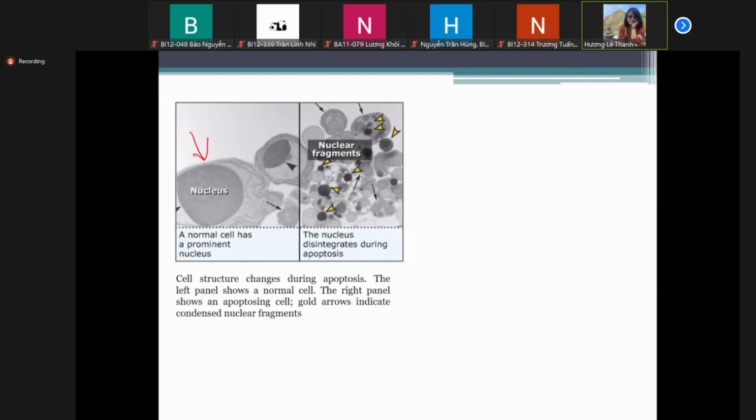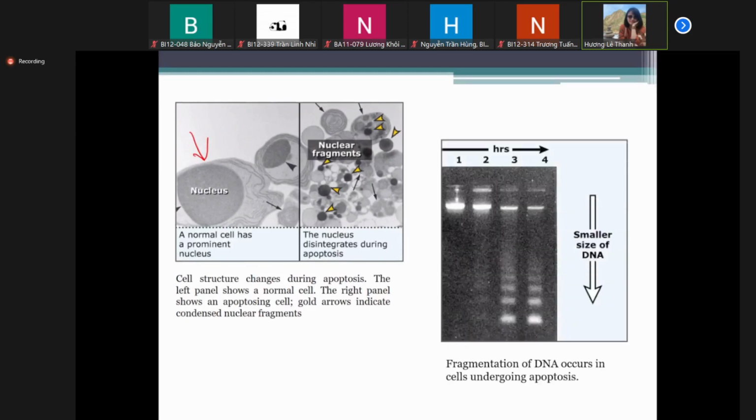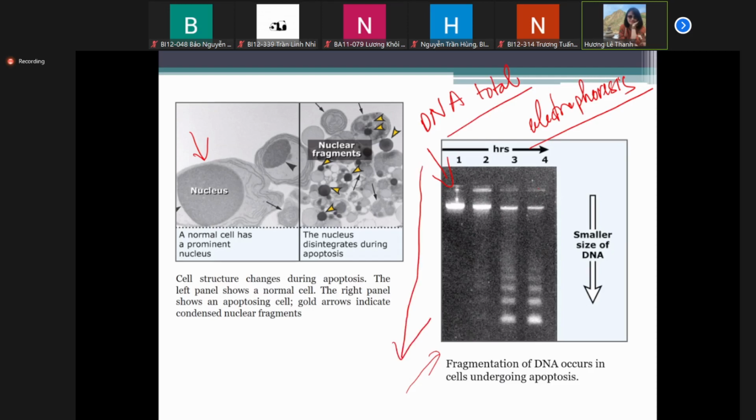And here we can detect the DNA fragmentation by electrophoresis experiments. We extract the total DNA, put it in the wells, and then the DNA will follow the electricity from the top to the bottom here.